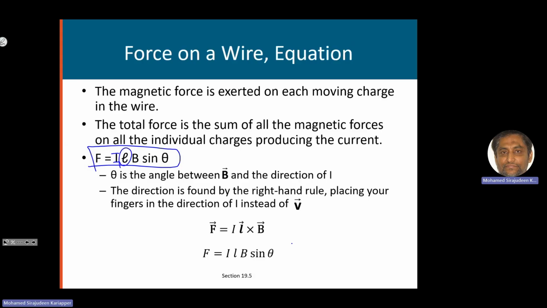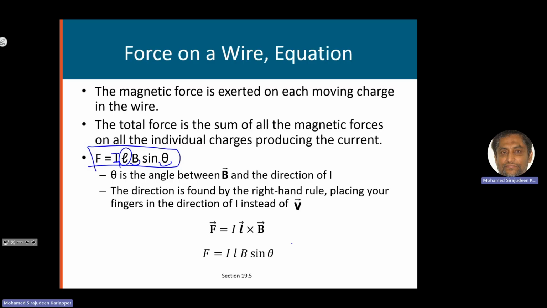L is the length of the wire, because if it's a long wire, the force will be greater. So it depends on the length of the wire as well. For the whole wire, what is the force on the whole wire? It depends on the length of the wire. B is the magnetic field. Theta is the angle between the current direction and the magnetic field. Okay.